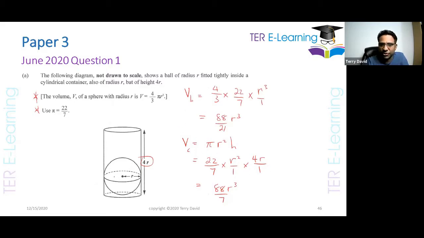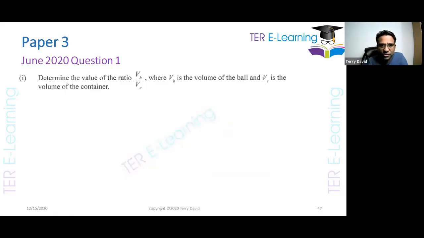So this first expression here, this is the volume of the sphere, the volume of the ball, right, which is 88 r cubed over 21. And the volume of the container, which is the volume of the cylinder, is 88 r cubed over 7, right? So now let's see what they want us to find. So they want us to determine VB over VC. So let me just write those things here.